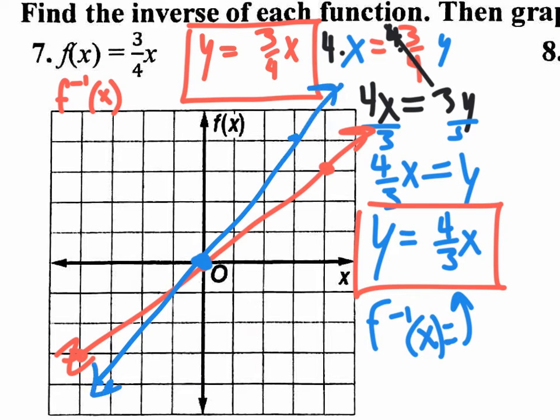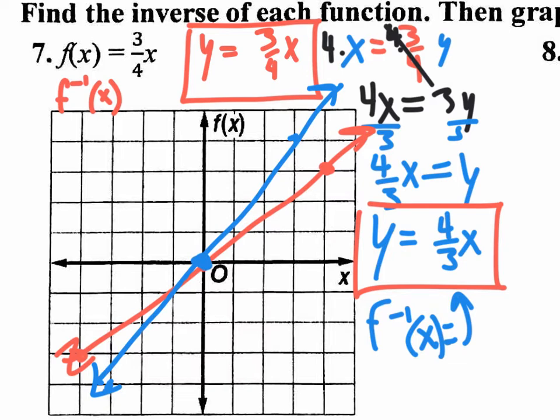That's ugly. But my point is, if you think about the red line and the blue line, and you think about the y equals x line, the perfect diagonal through 1, 1, 2, 2, 3, 3, 4, 4, it really is a reflection on the y equals x line. Does that make sense? Okay.